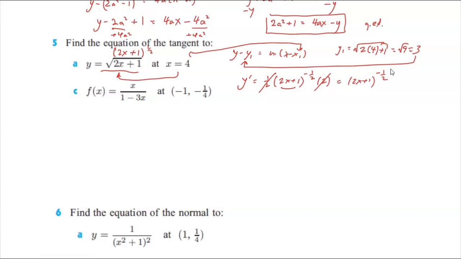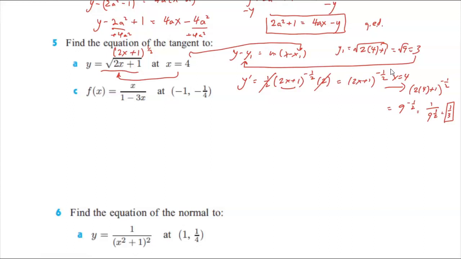How do we get the slope? We need to plug in x equals 4. When we plug in x equals 4, it'll be 2 times 4 plus 1 to the negative 1/2. That's equal to 9 to the negative 1/2, which is equal to 1 over 9 to the 1/2, which is equal to 1/3. Okay, so 1/3 is our slope value.